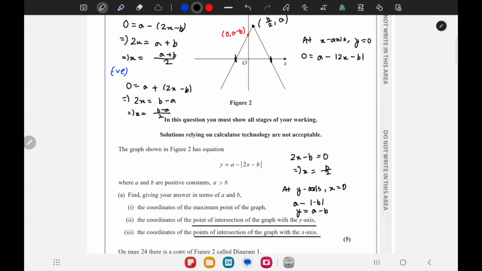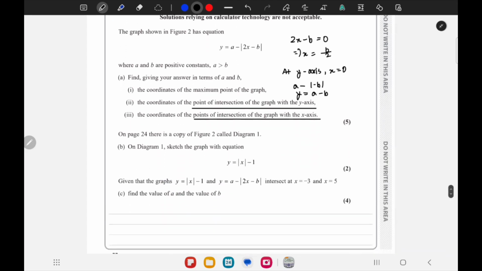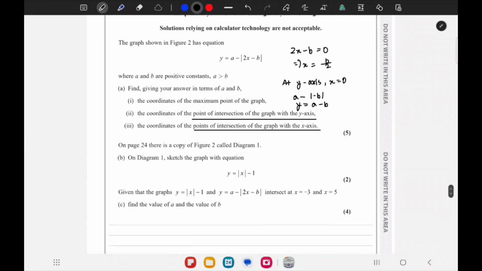So this point over here is b minus a by 2, this point over here is a plus b by 2. The points are b plus a by 2 comma 0 and b minus a by 2 comma 0.